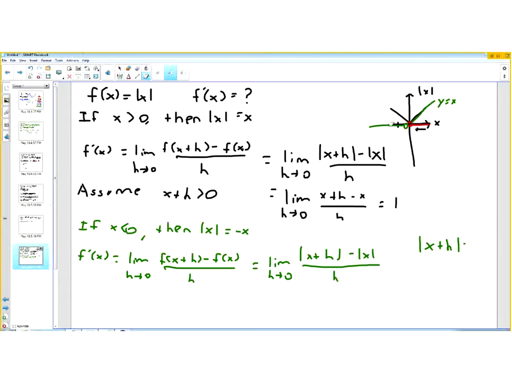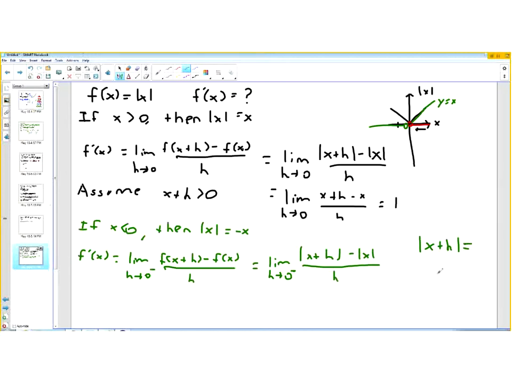Okay, because we're approaching 0 from the left. For emphasis, I guess you could say this right there. We're almost doing a left limit. We're taking the left limit, although technically speaking we're not. That's intuitively what's going on.